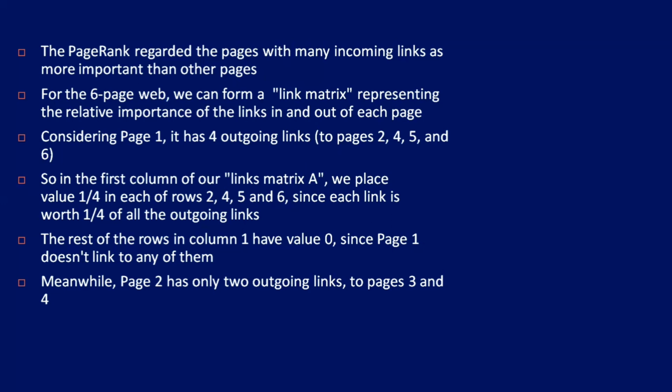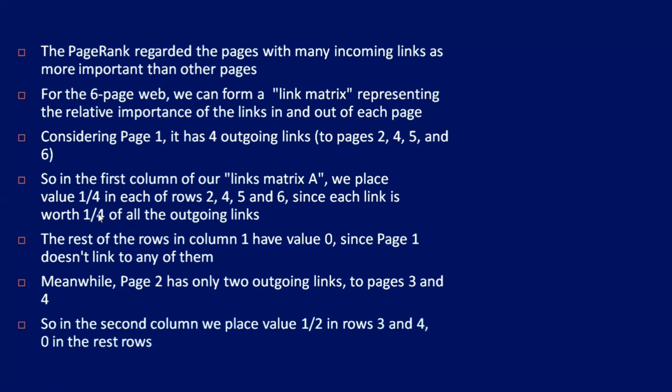For page 1, we have 4 outgoing links, so in our link matrix A, we place 1/4 in each of rows 2, 4, 5 and 6, since each link is 1/4 of all the outgoing links.